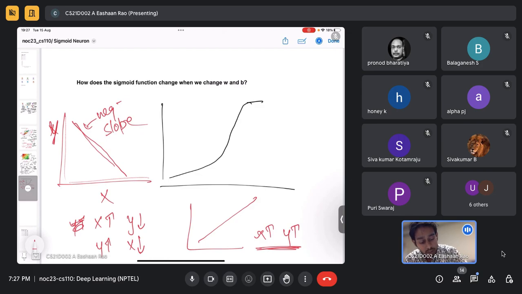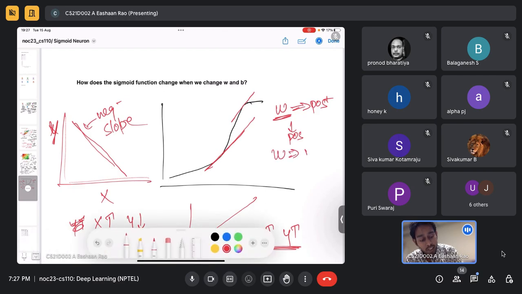When we talk about the slope of a line, we talk about which direction it is going in, and w is basically helping towards that. If the value of w is positive, it gives us a positive slope in this kind of scenario. If the value of w is negative, then, since w is a vector, we are talking about the norm of the vector.